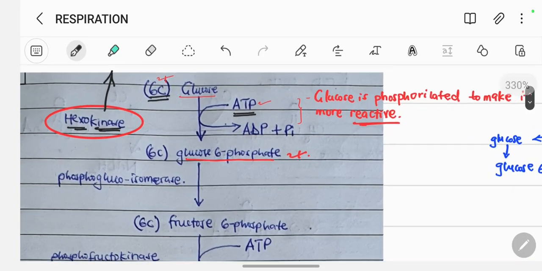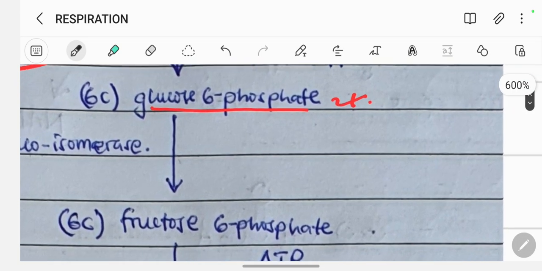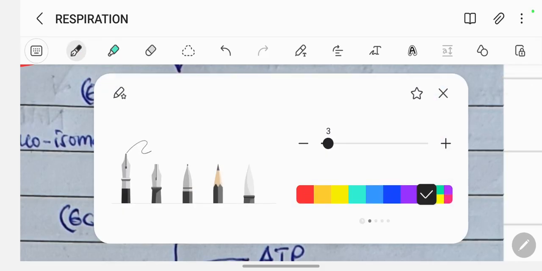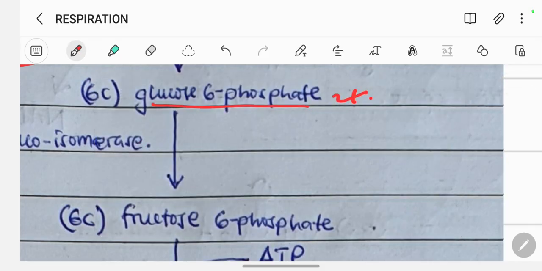Then we are saying that glucose 6-phosphate turns to its isomer. So we are saying that it's reorganized to its isomer, fructose 6-phosphate.